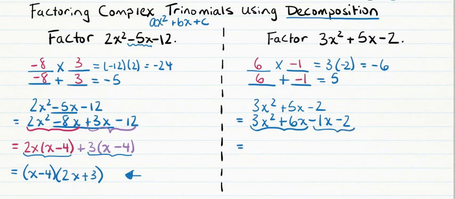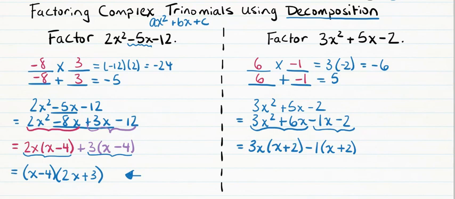The common factor in the first two terms is 3x, and that leaves me with x plus 2. And in the last two terms, because that first one is a negative value, I can take out a negative 1. Other than that, there's no other common factor between 1 and 2. So we take out a negative 1, and then we're left with x, and negative 1 times positive 2 gives me the negative 2 from here.